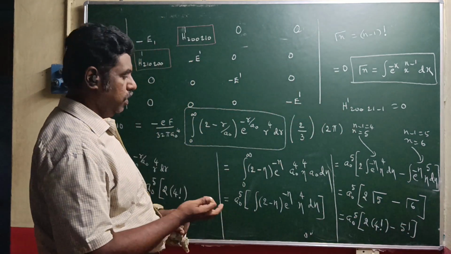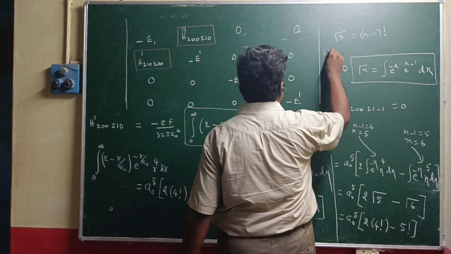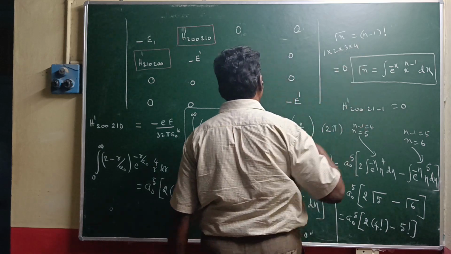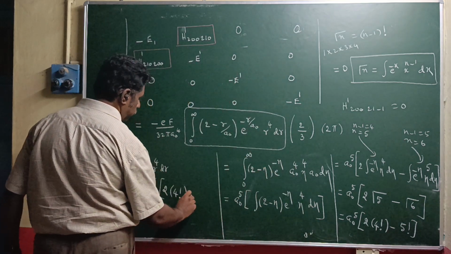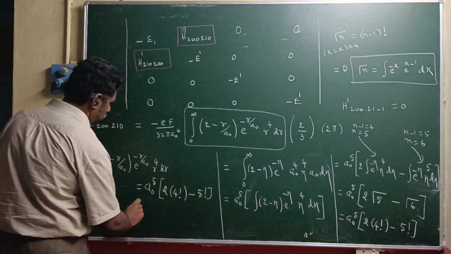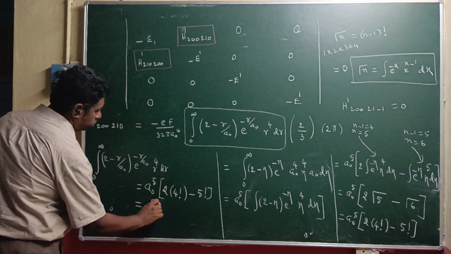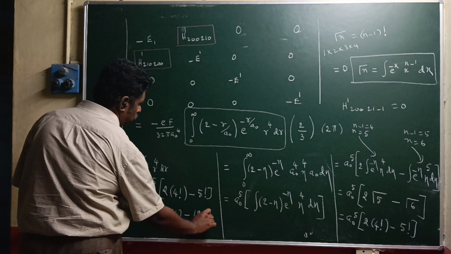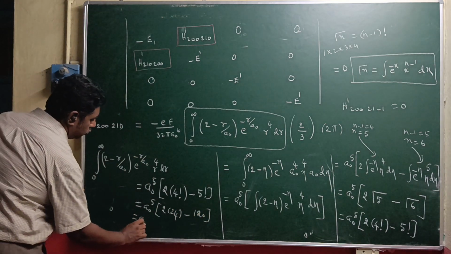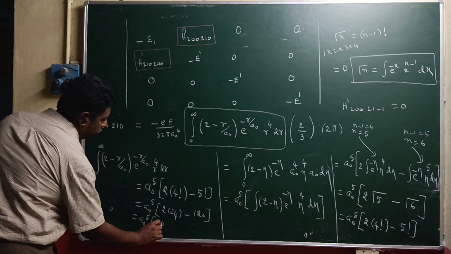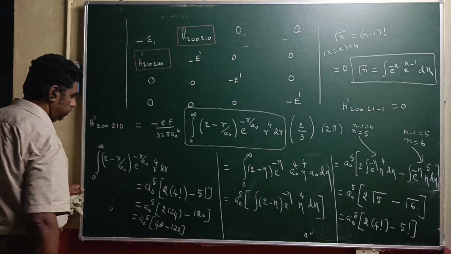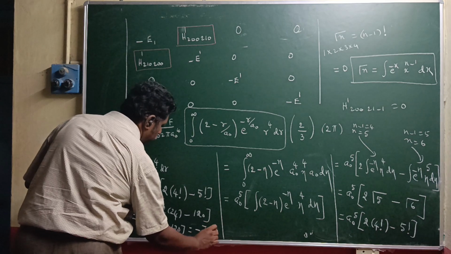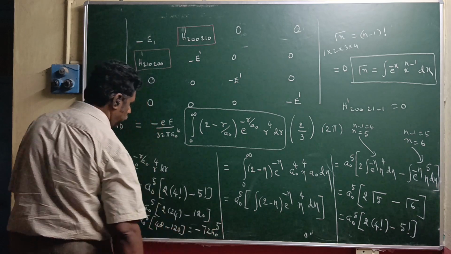4 factorial is 24: 1 into 2 into 3. See here, 4 factorial: 2 into 3 is 6, 6 into 4 is 24. And 5 factorial is 120. So this is equal to a0 power 5, 2 into 24 minus 120, which is a0 power 5 into 48 minus 120, equal to minus 72 a0 power 5.